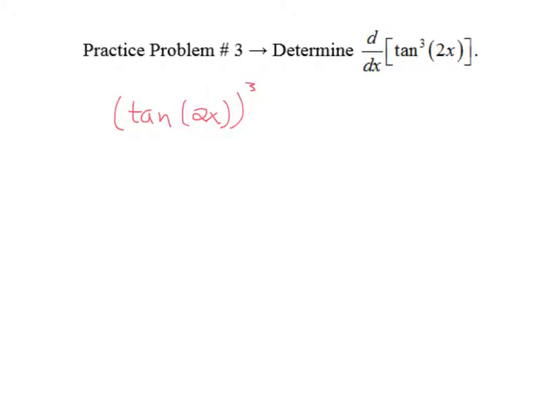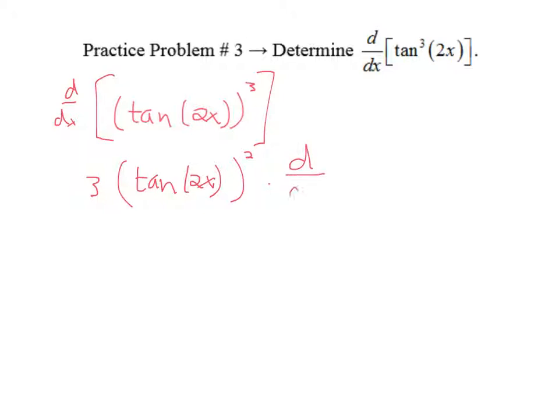Let's see, I'll write d dx right here. So that would mean we need 3 to come down, and then everything else is staying in there, and it'll be to the 2nd power, so we've got the tangent of 2x, all right? And now we need to multiply by the derivative, right, d dx, of the tangent 2x.